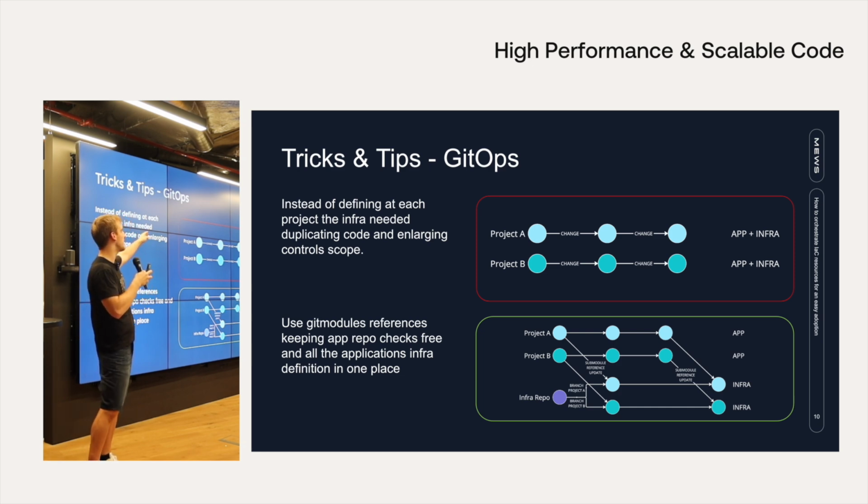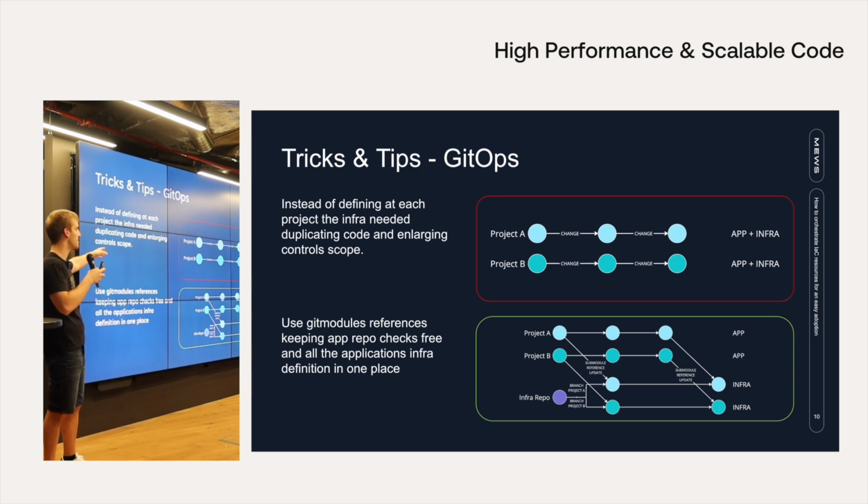So instead of repeating the same pattern on each of the applications or microservices that you are defining, for example, in the case of project A, I am adding a new change and therefore perhaps changing the infra or changing the application, I might be, for example, modifying the infra every time, and in 2 years' time of a particular project, that could be complete spaghetti code. So it will be nonsense from one project to the other one because they won't be traceable.